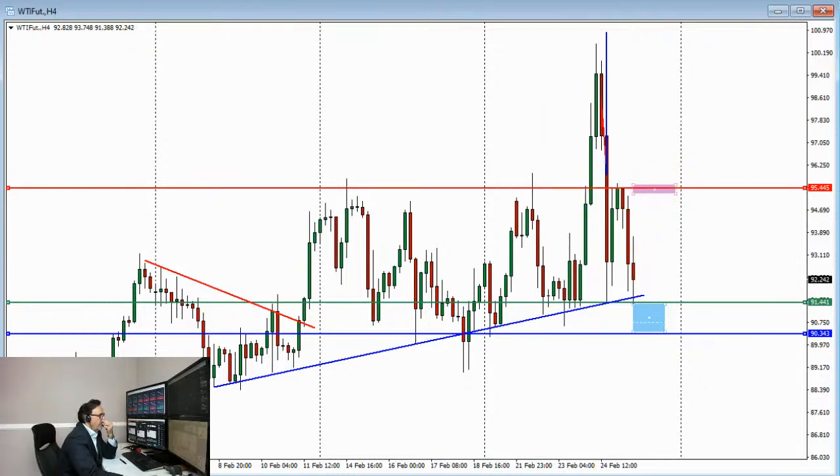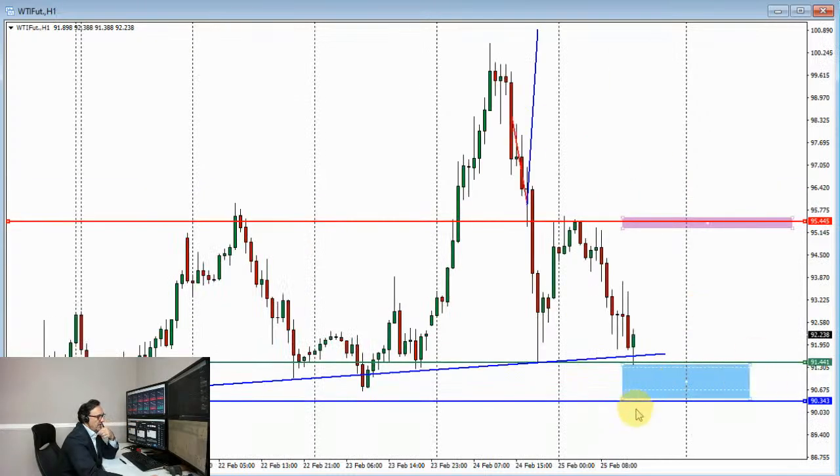Okay, from the setup point of view, this is the hourly candle. It's not finished yet. We still have about 40 minutes for this to be finished, and I'm also looking at the trend lines to see if that can work out in any way.